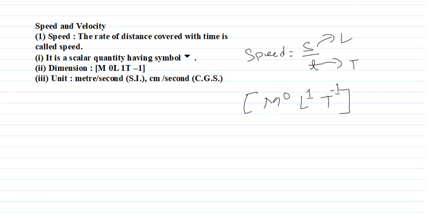And what will be the unit? The SI unit for length is meter and for time is second, so meter per second for SI unit. The CGS unit of length is centimeter, and second for time, so this will be centimeter per second for CGS unit.